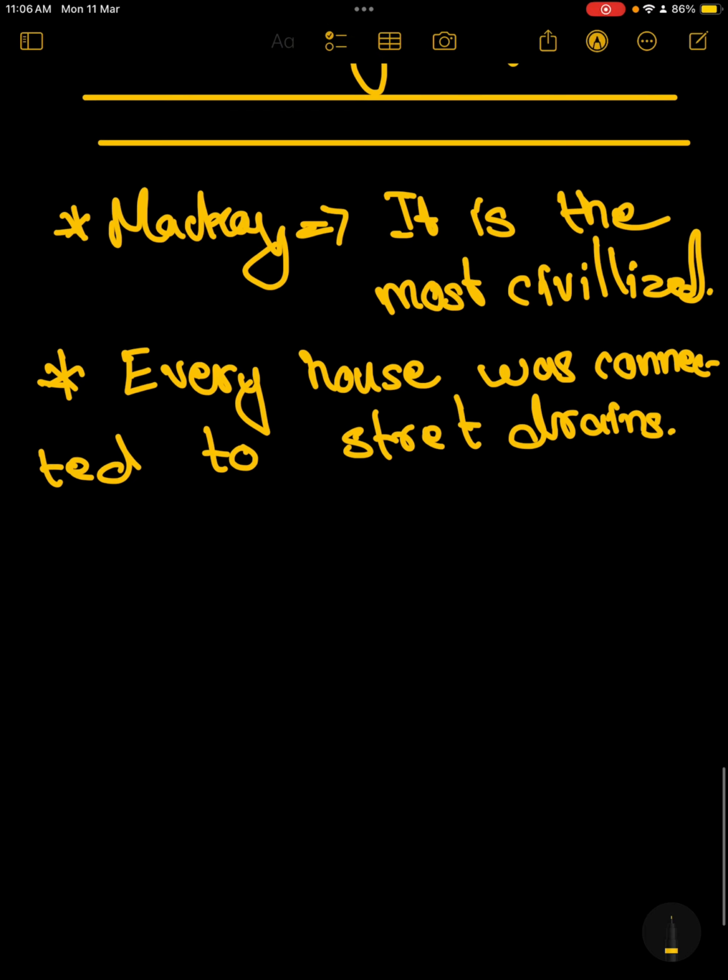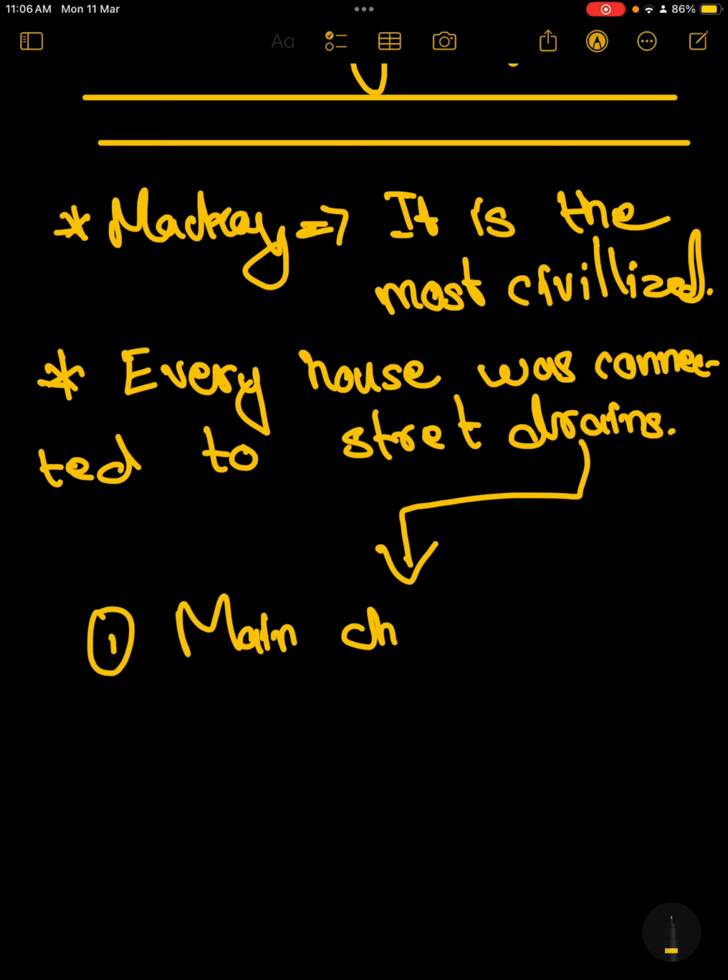Now, let's look at the drainage system. How were these street drains made? So firstly, the main channels were made of bricks and mortar, mud bricks and mortar.